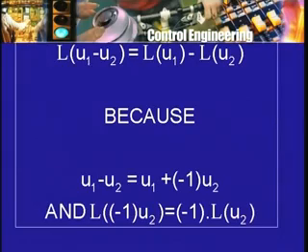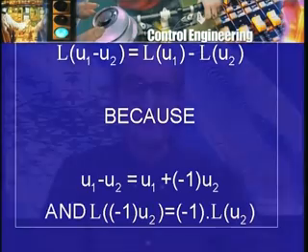So we have two properties of the Laplace transformation so far, and we can see how they are going to be useful. If we know the Laplace transform of some functions, we easily get the Laplace transform of their multiples. We get also the Laplace transform of their sums or sums of different multiples of them.